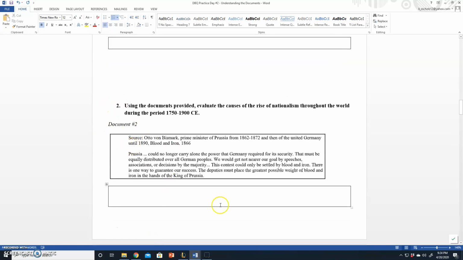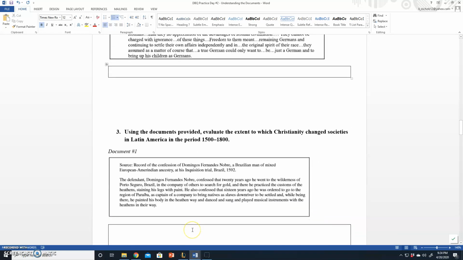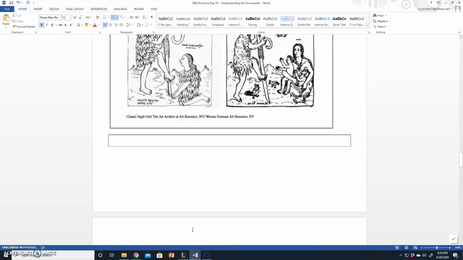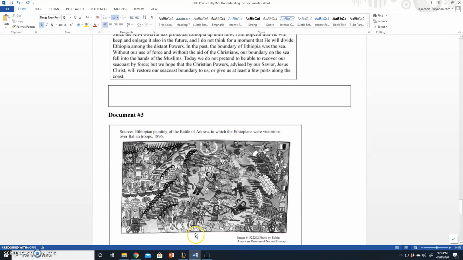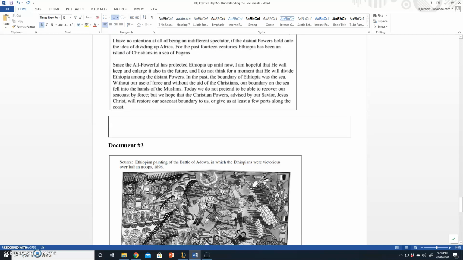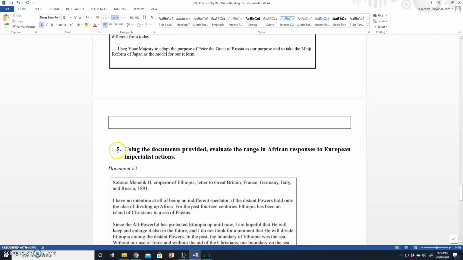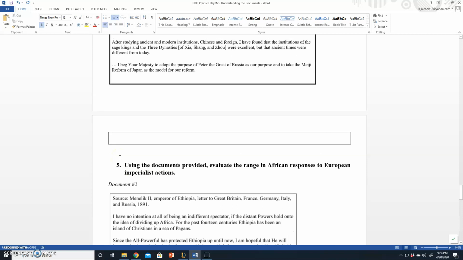If you're picking number 2, make sure you do both of those. Out of the numbers 1, 2, 3, 4, and 5, basically read 4 documents here and put them in your own words.